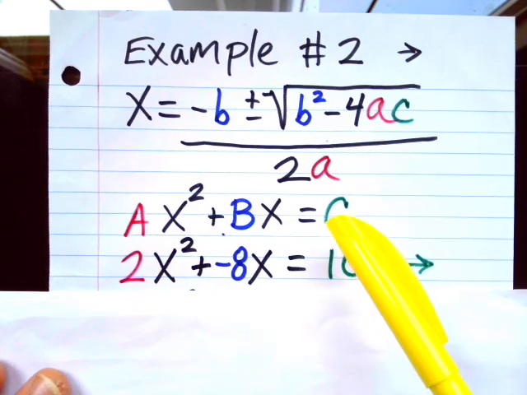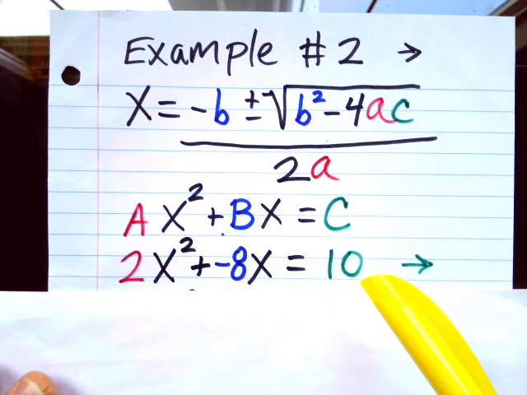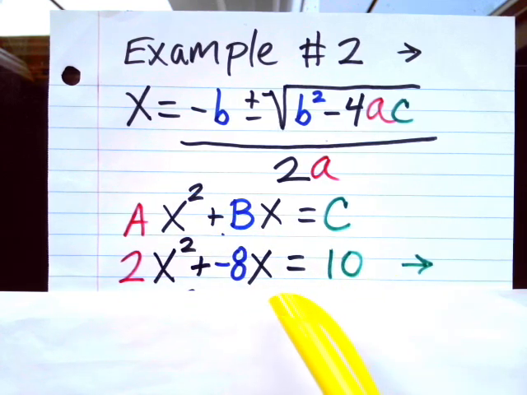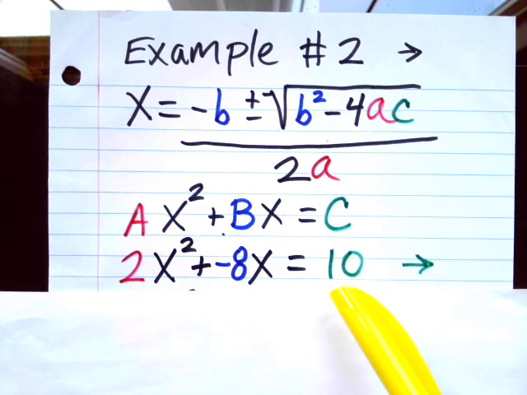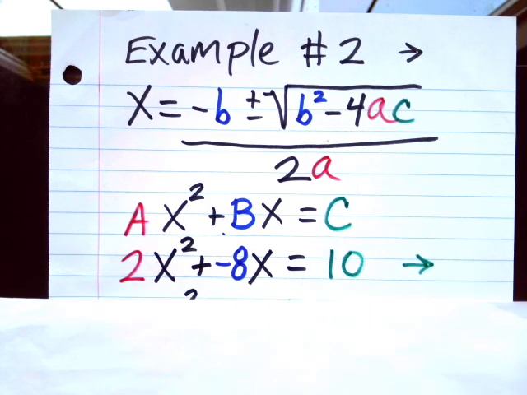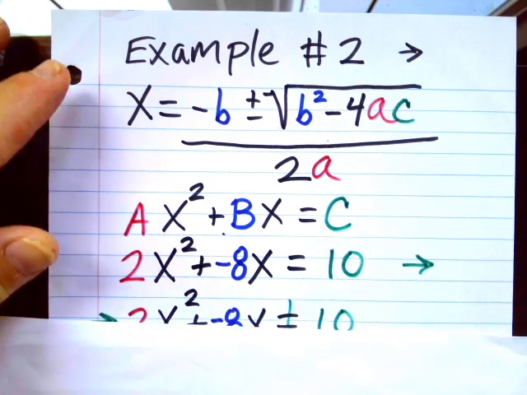Before you can start organizing your ABC values, this equation needs to be set equal to what? Equal to 0. It must be equal to 0 before you can label your ABC values. So I'm going to show you that here in this next step.